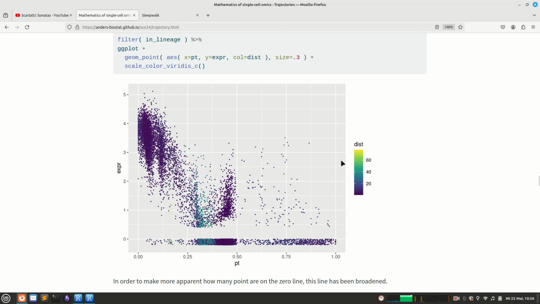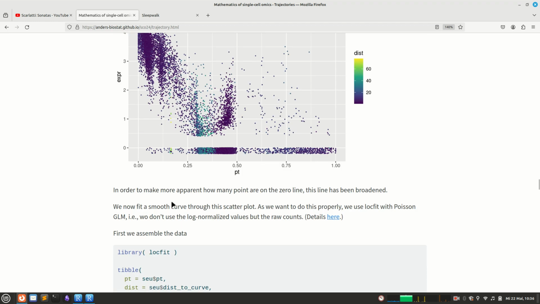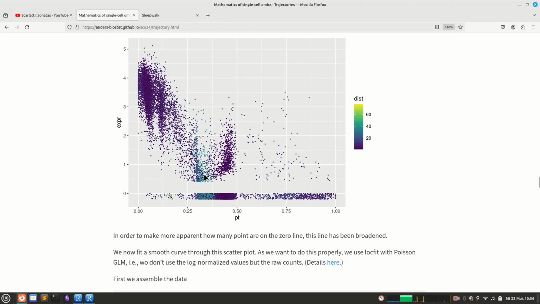Of course, we don't really want that, because what we actually think is that it should be possible to fit a proper expression value, which is the proper average, including the zeros. And we'll talk later today about how to best do that. This takes into account that here the proportion of zeros among all the points is much higher than over there.